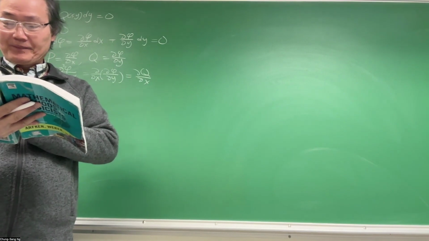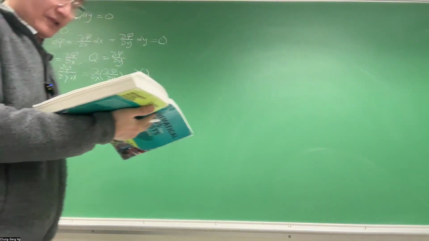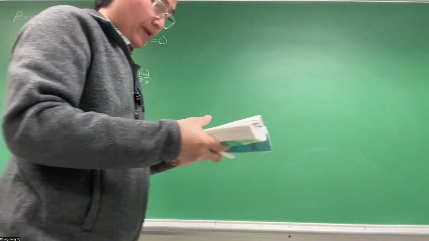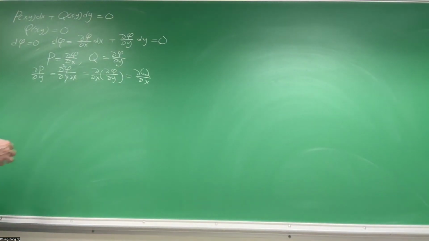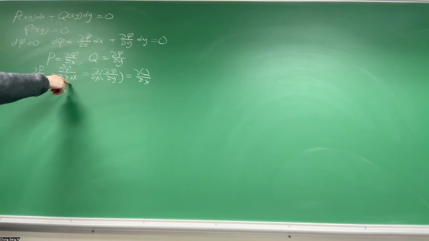Okay, and then the formula is given by 7.10. I mean, you don't actually need a formula. You probably did that before, right? Once you have that, you have two equations.